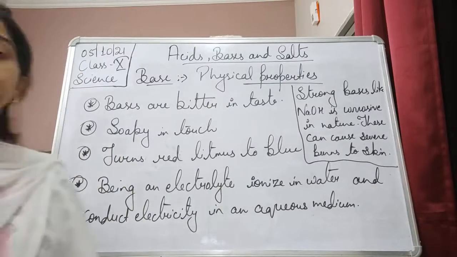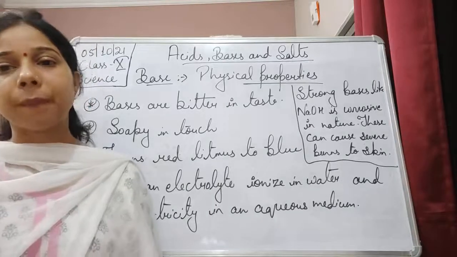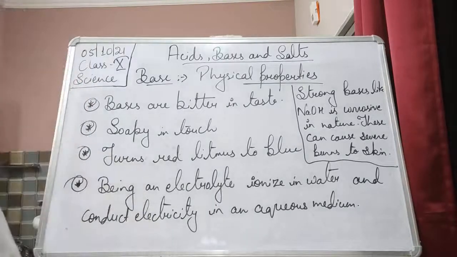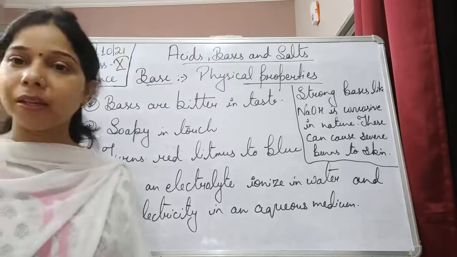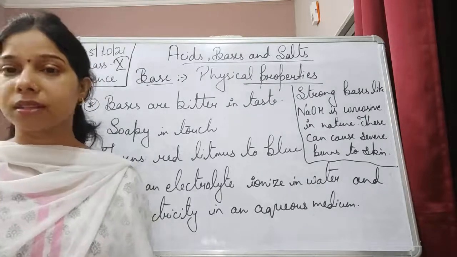Now let us move on and see what happens when the bases react with the acid, and what happens when the bases react with the metal or with the metal oxide.